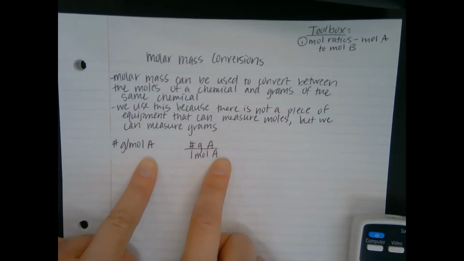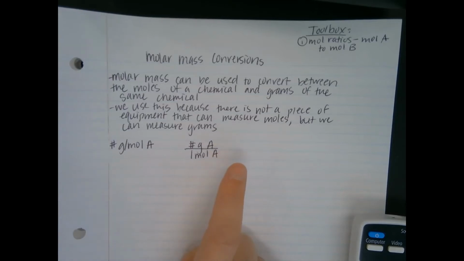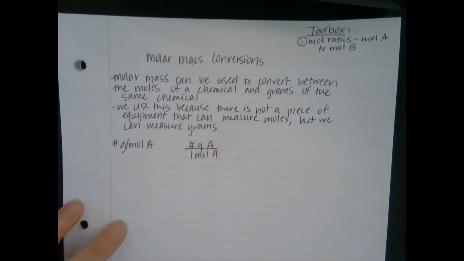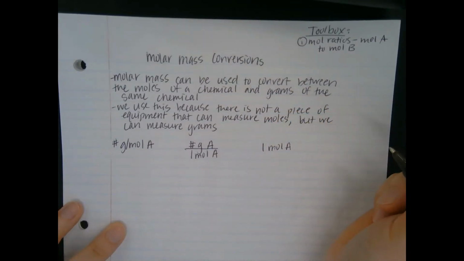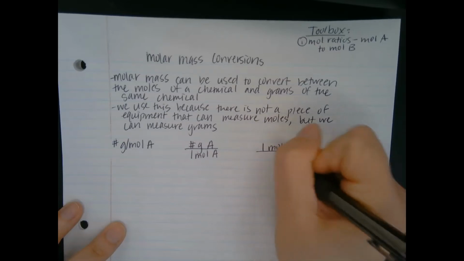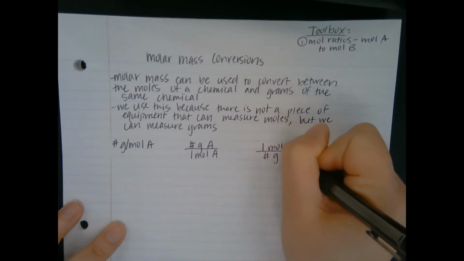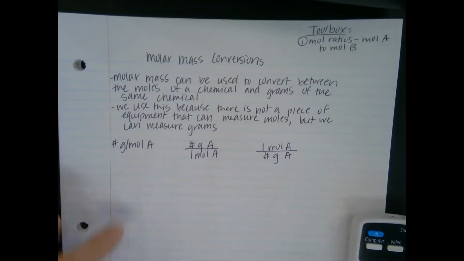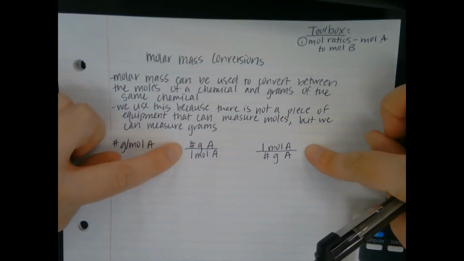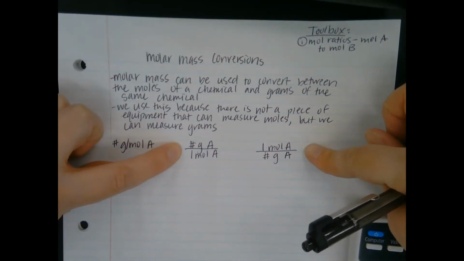All right, but it's a ratio, which means that I can also write it from the other perspective, where I can say 1 mole of chemical A has a mass of a certain number of grams of that chemical. These two are expressing the same thing. It's the same relationship.